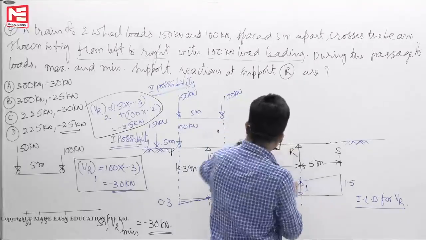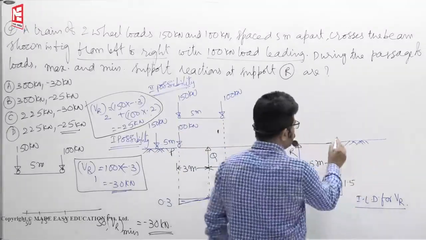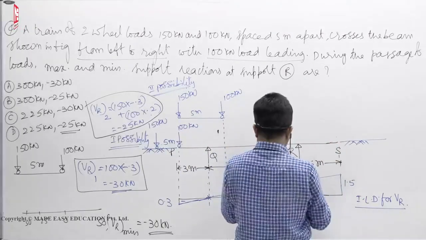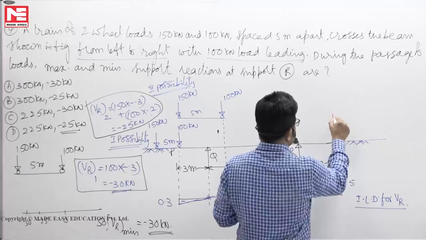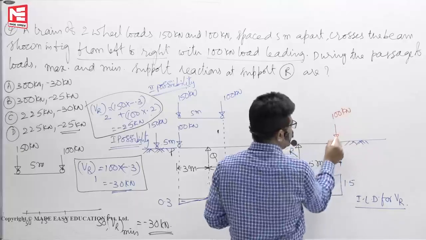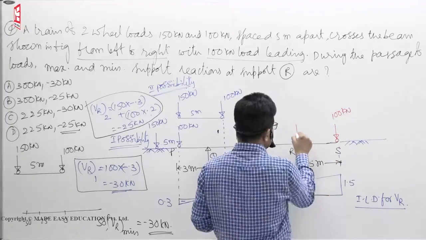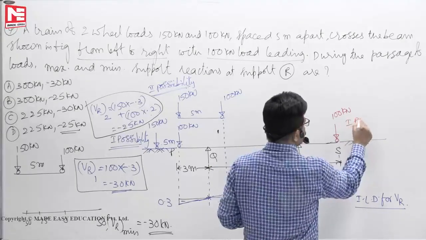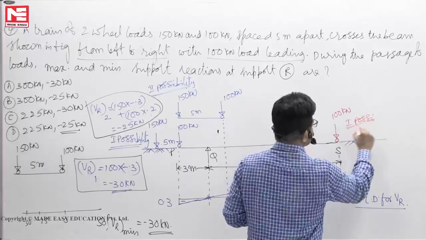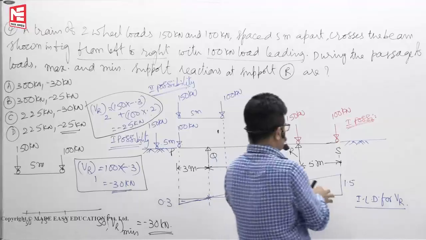Next, ask the driver to move forward to get the maximum reaction. When he is passing, he is now driving here. Assume that he has come up to here. This is 100. 100 comes here, 150 will be exactly on the support. This is the first possibility.